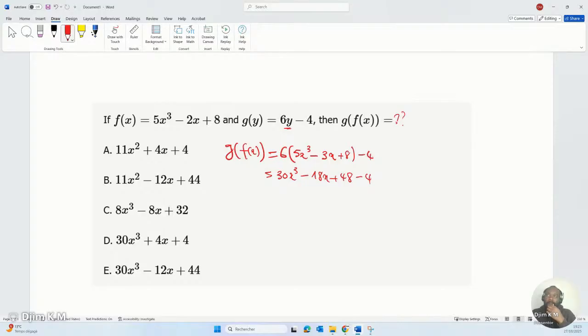This will be equal to 30x^3 minus 18x plus 44.